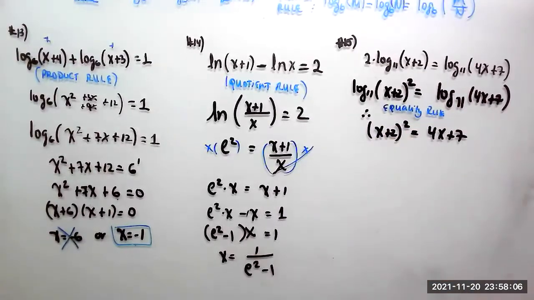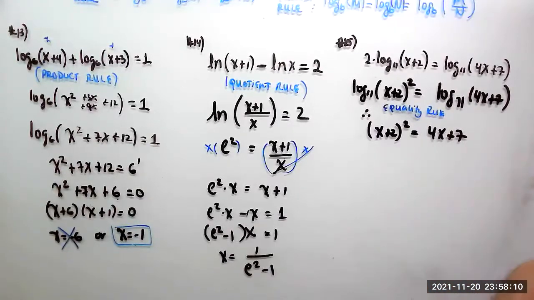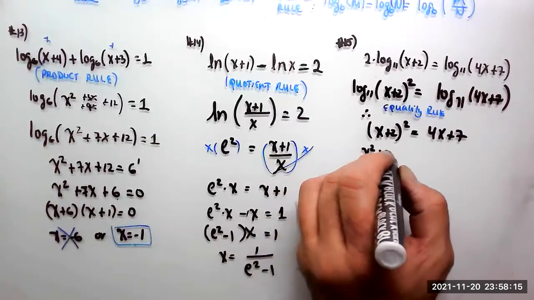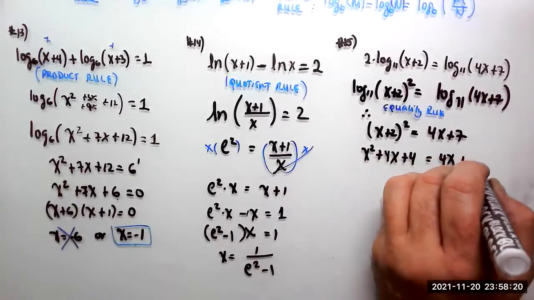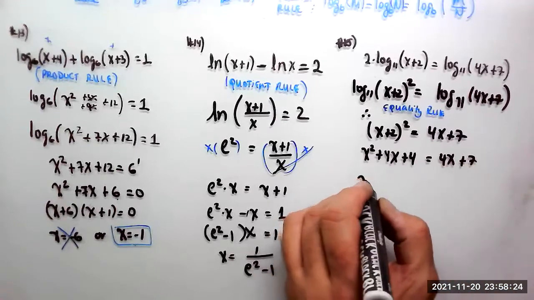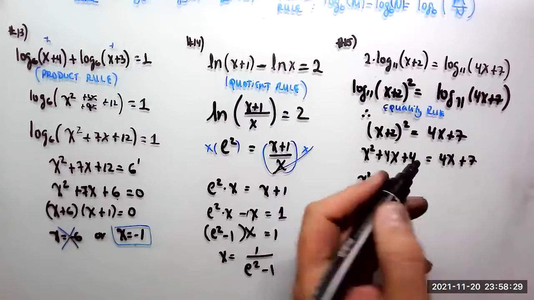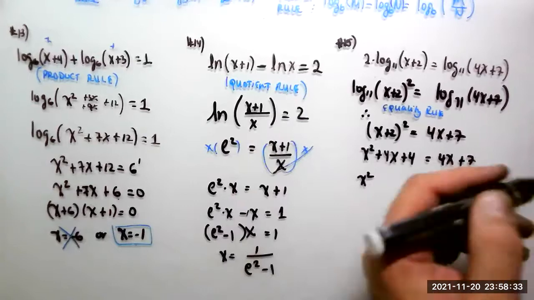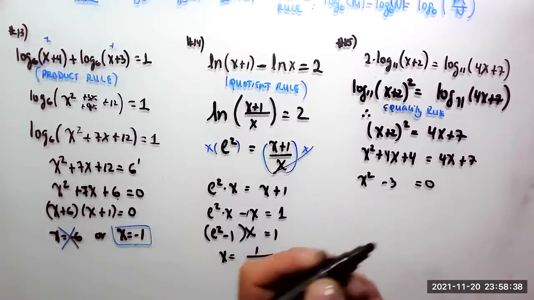Okay, so now we are solving a quadratic equation. However, I need to expand this one so we can set it equal to 0. So x plus 2 times x plus 2 will be x squared plus 4x plus 4 equals 4x plus 7. We may subtract 4x, so x squared, 4x minus 4x is 0, we may subtract the 7. 4 minus 7 will be negative 3 equals 0.